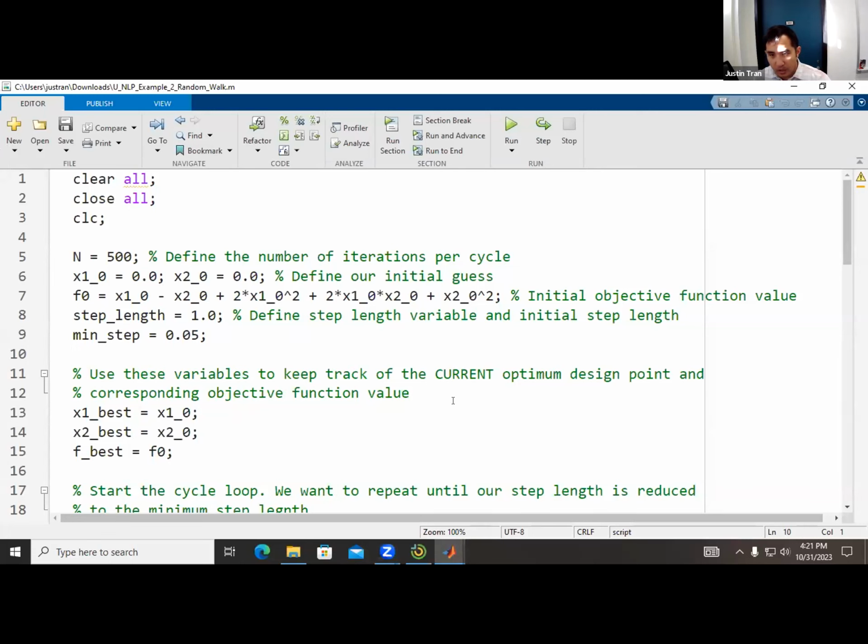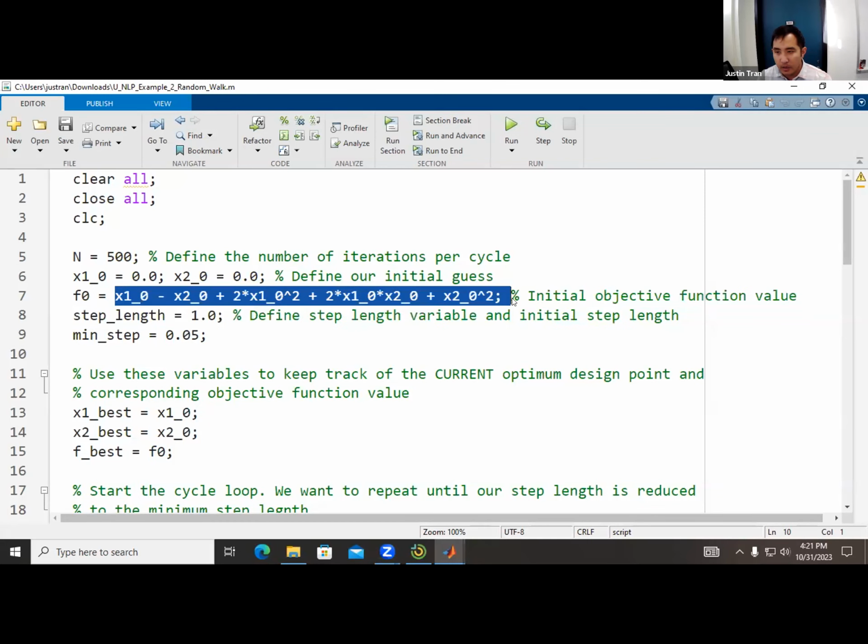Oh, I didn't even write down the example problem for you. The example problem that we're trying to minimize here is this function right here. This is a two-dimensional function, so we have two design variables. We call them x1 and x2.